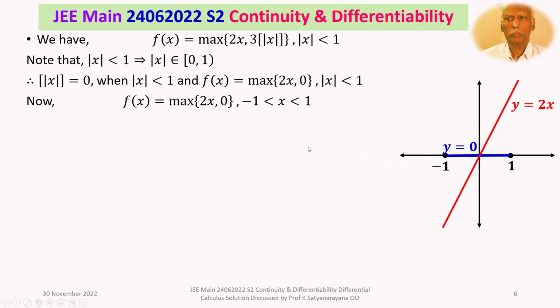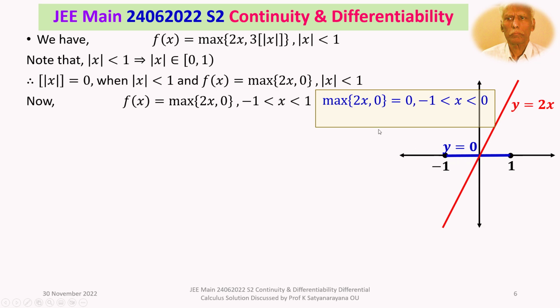Now what will be the maximum of 2x comma 0 in the open interval -1 to 0? The maximum of 2x comma 0 in the interval -1 less than x less than 0 is 0, because look at the graph: this is 0, and this is y equal to 2x. The maximum is this one only.